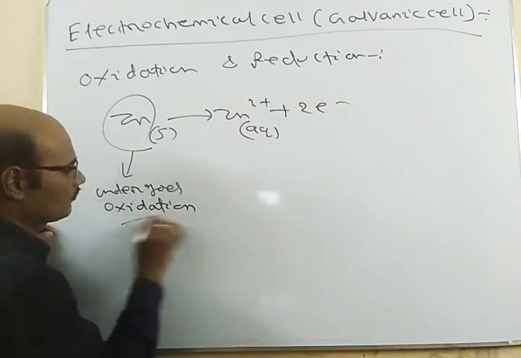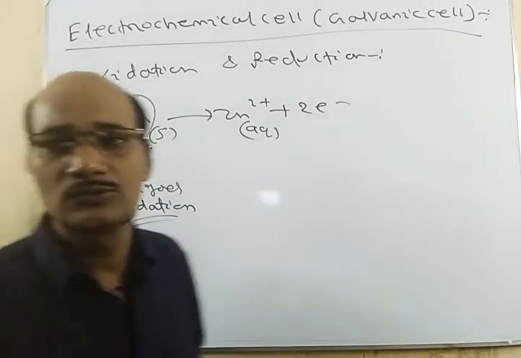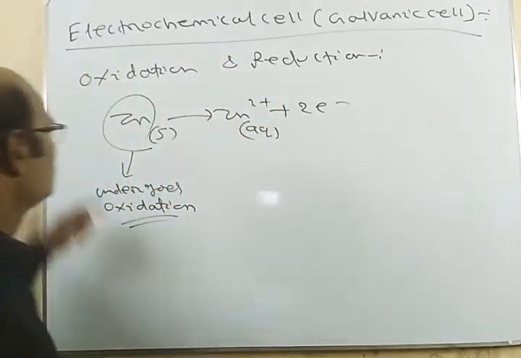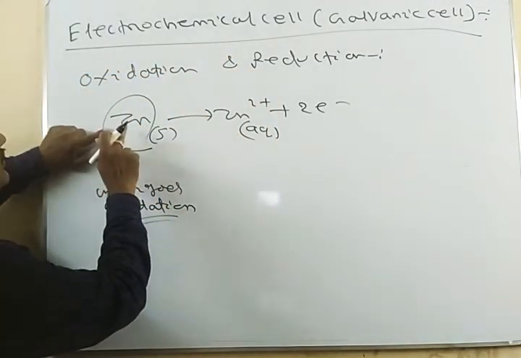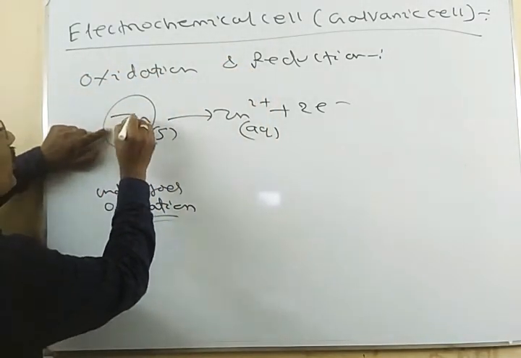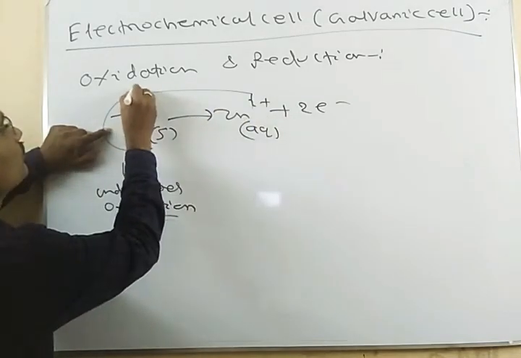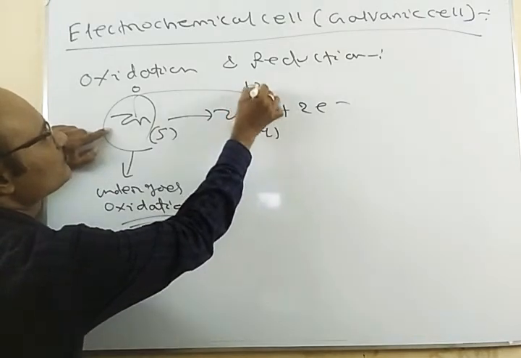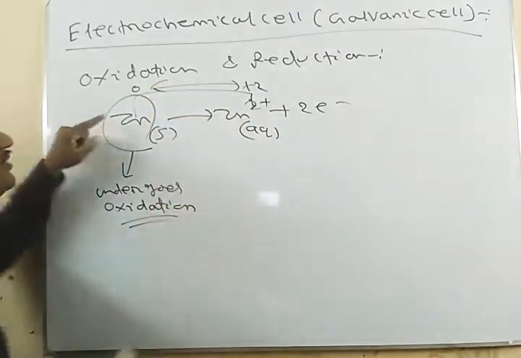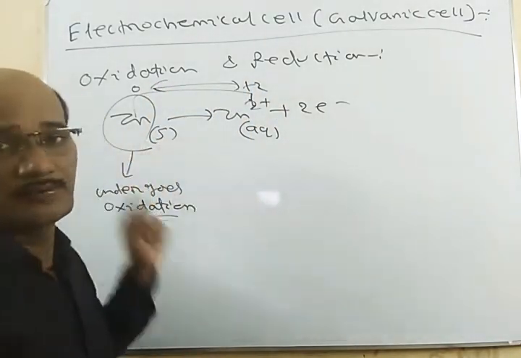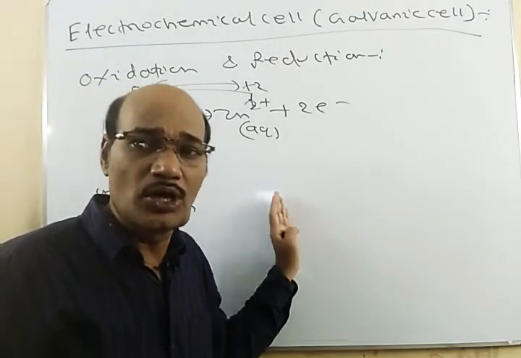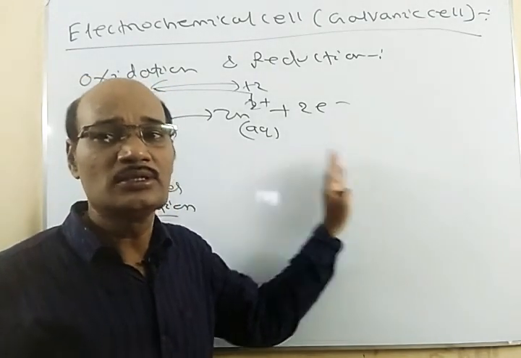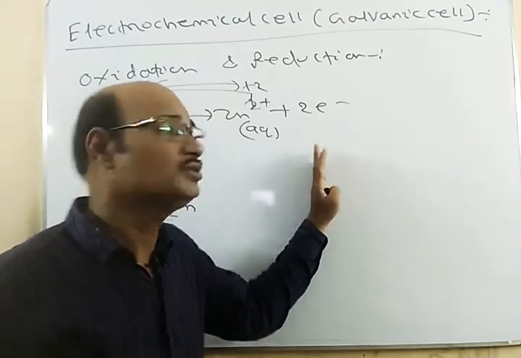Now here you see zinc with the oxidation state of 0 converting to +2. It is an increase in the oxidation state of this zinc metal. So loss of electron, that is increasing oxidation number, is oxidation.